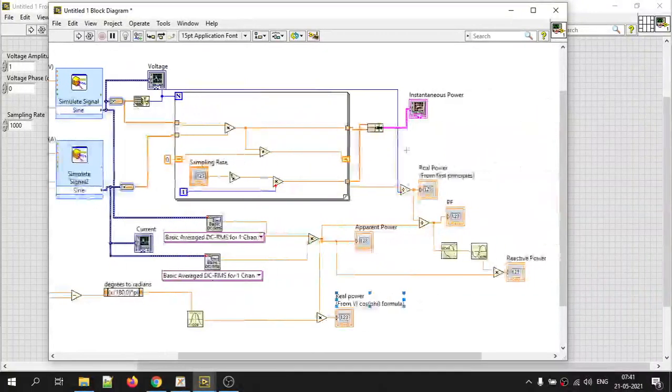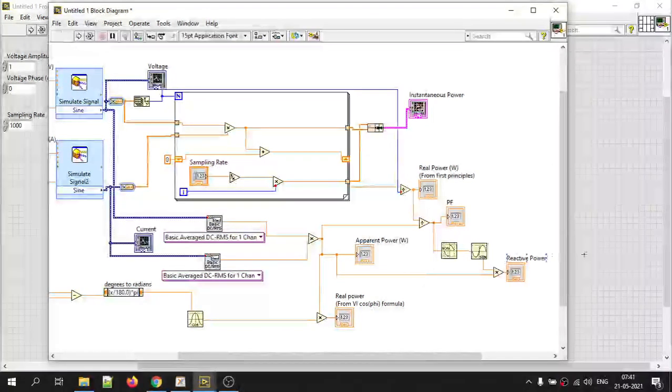And the instantaneous real power that we are calculating will be in watts, that is voltage into current. Power factor has no unit. Apparent power has the unit watt, and reactive power has the unit watt. Once again, for the formula, the real power unit is watt.